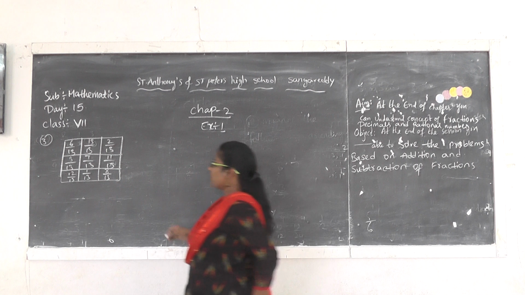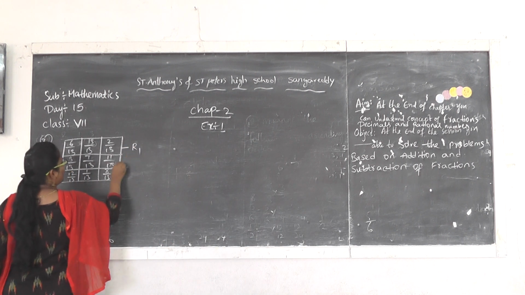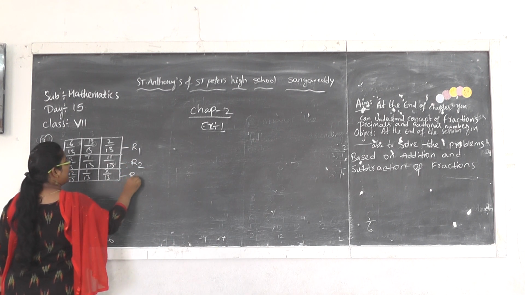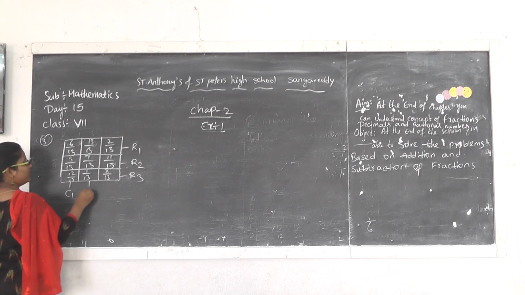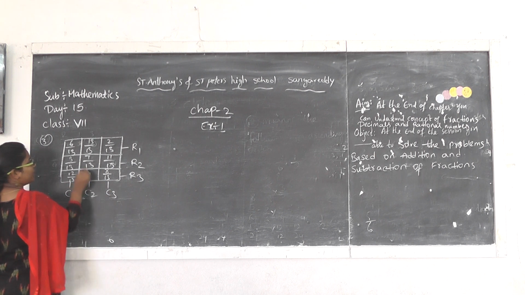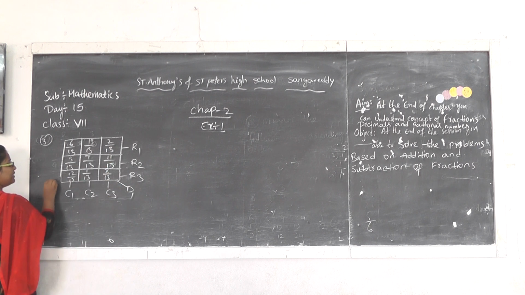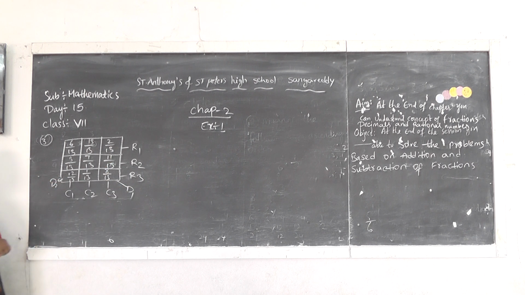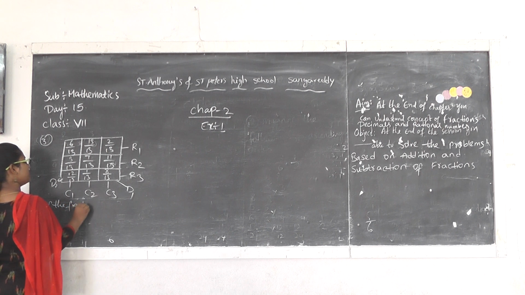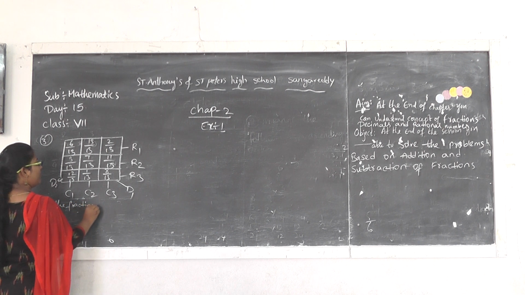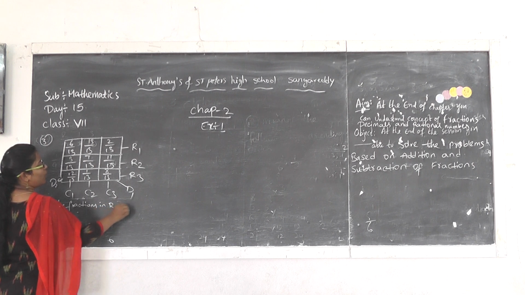Let us see now. So this is row 1, row 2, row 3. This is column 1, column 2, column 3 and this is diagonal 1 and this is diagonal 2. Okay, now let's see. First, the sum of the fractions in row 1.